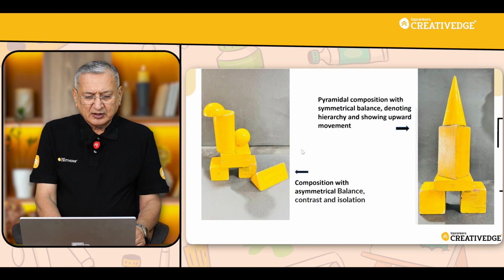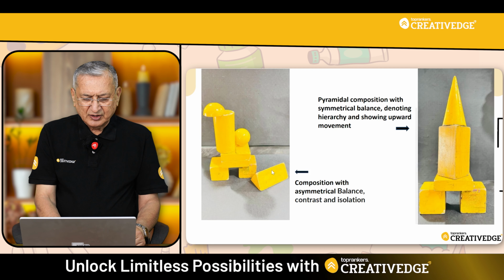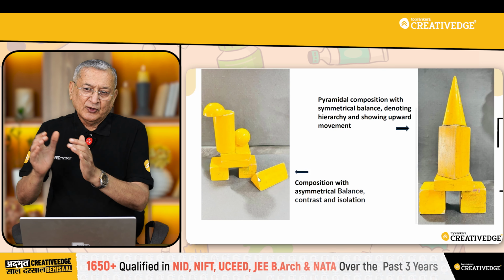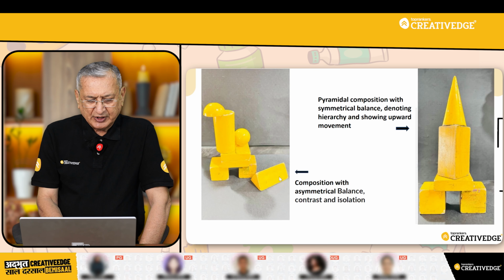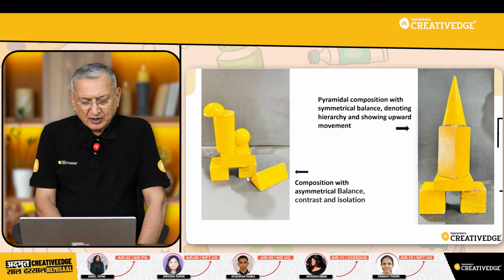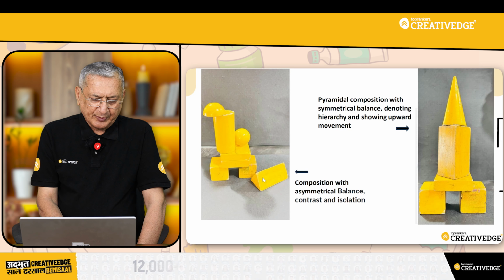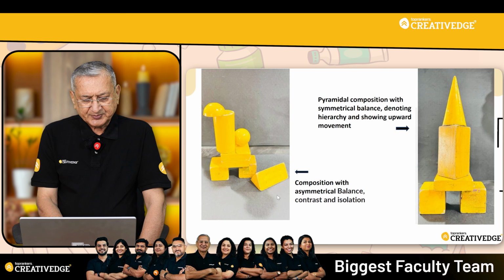Next, we take a few more blocks, in fact 8 of them, and they are arranged asymmetrically with one condition of isolation. There is one block, a triangular bar prism, which has been kept a little aside in this composition, but it is a part of the composition.